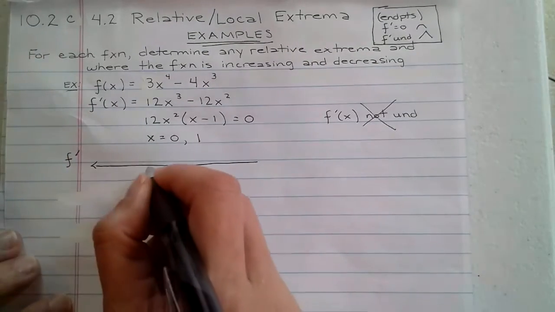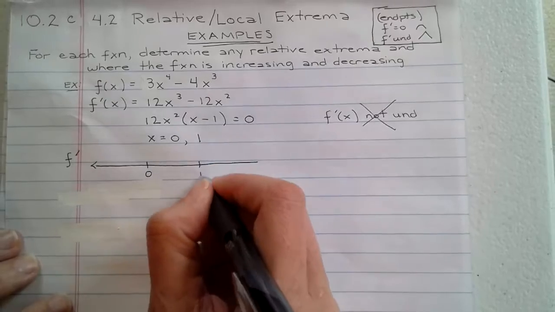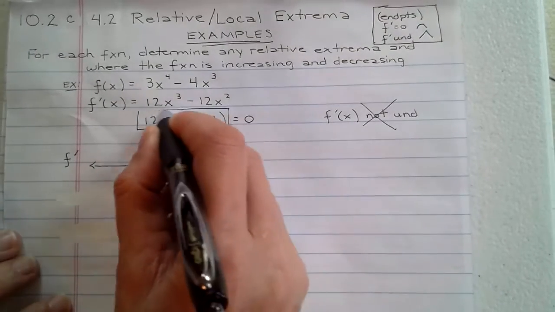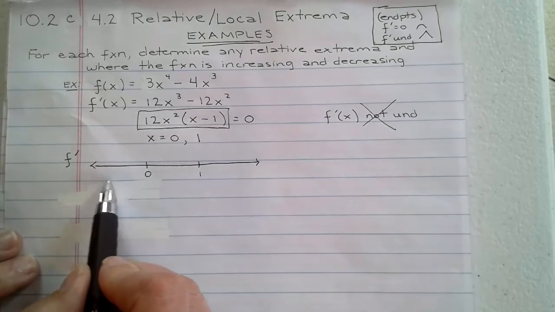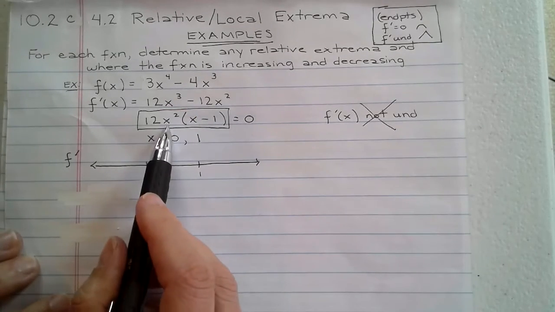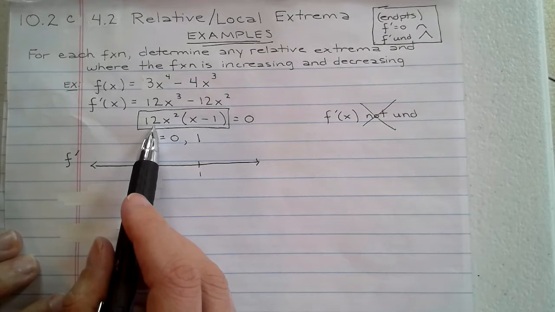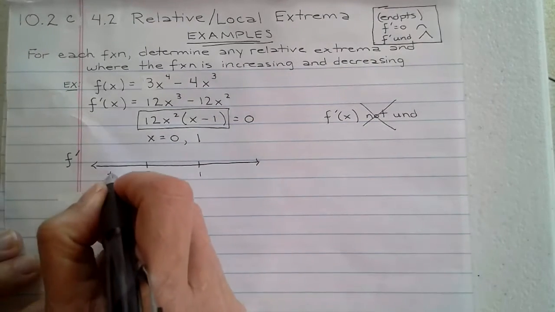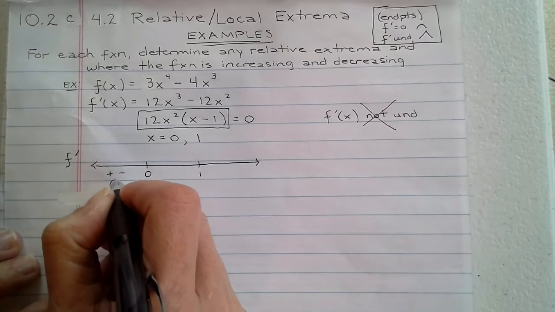So I'm going to put in a 0 and a 1, and I'm going to go up here because I like plugging in values much better this way, since I don't have to do much work. If I plug in something really negative, negative squared is positive, times 12 is positive, and a negative minus 1 is negative. So a positive times a negative, my derivative is negative here.